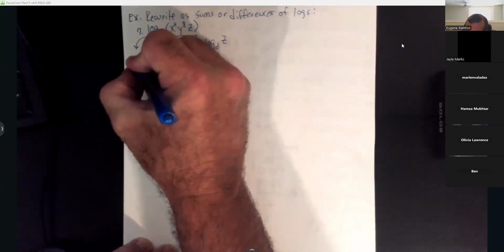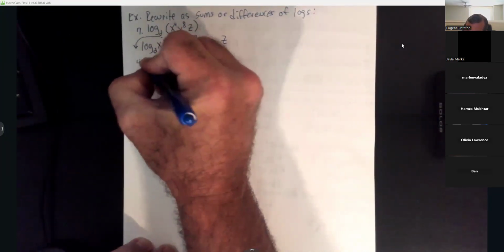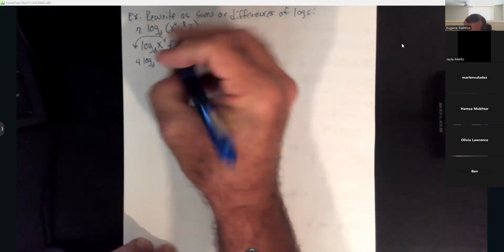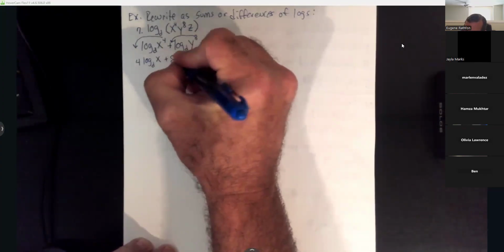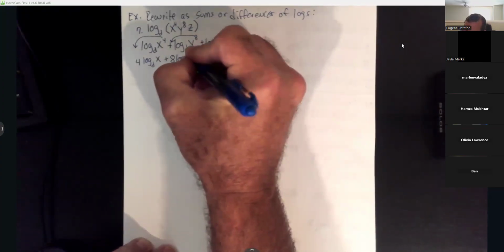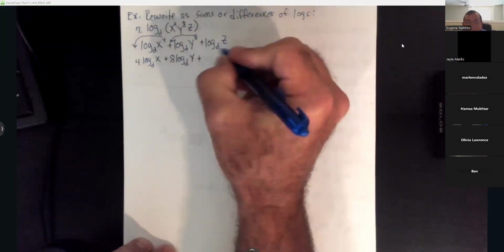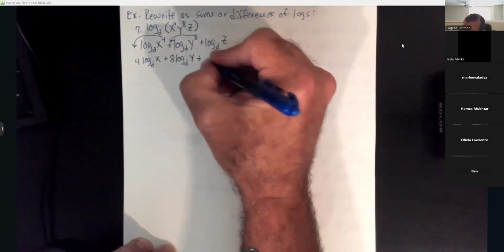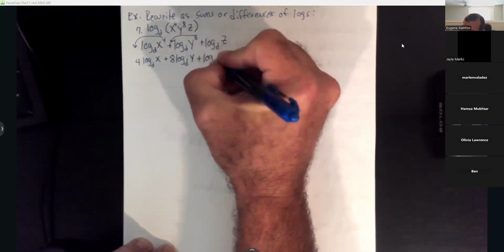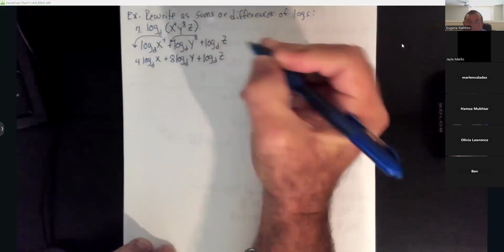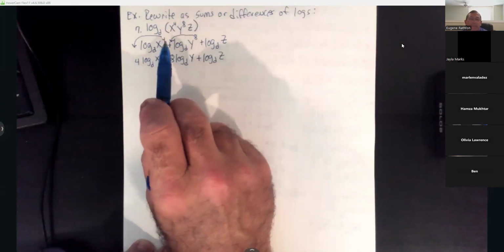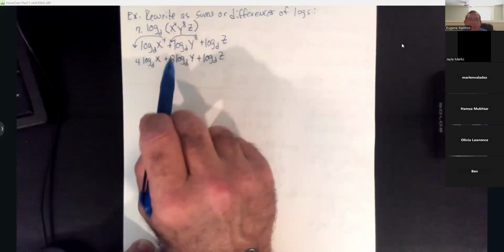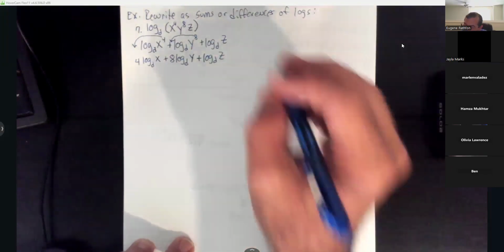So that I get 4 times the log base D of x, plus bringing the 8 down, I get an 8 times the log D of y. And then the last one didn't have an exponent, so it stays the same, log D of z. So anytime we're simplifying, we got to bring those exponents down, okay?